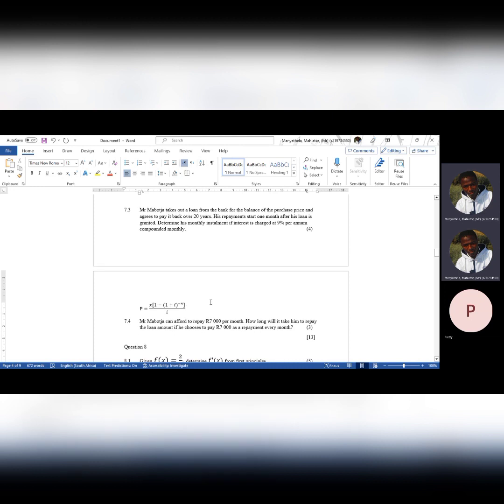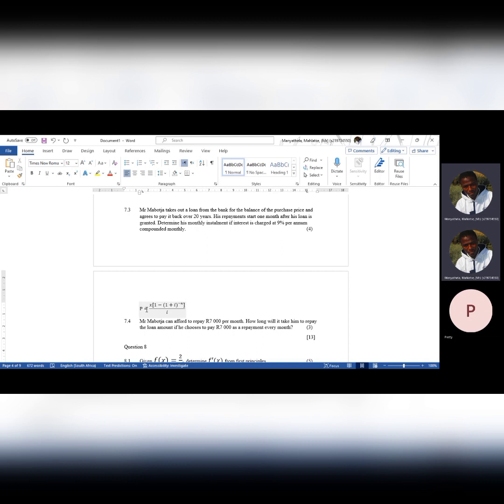If we look at the question, what are we supposed to calculate? The monthly installment, right? The monthly installment in this case is X, meaning that we are going to calculate X. We have the loan amount, which is 748,000.